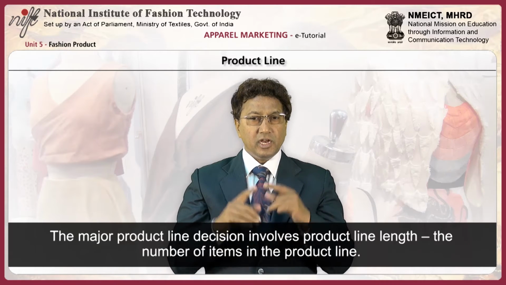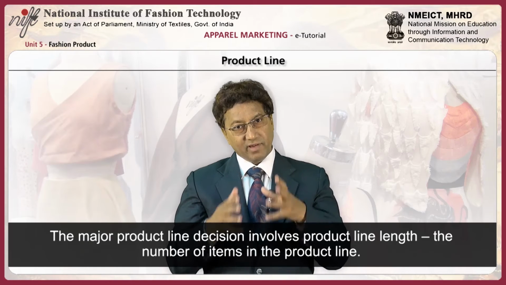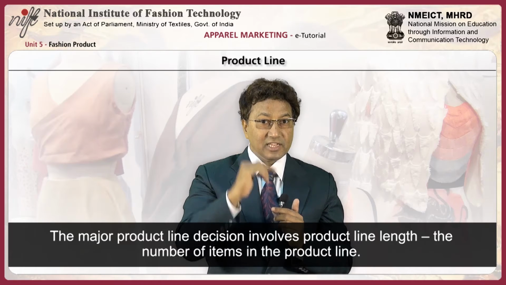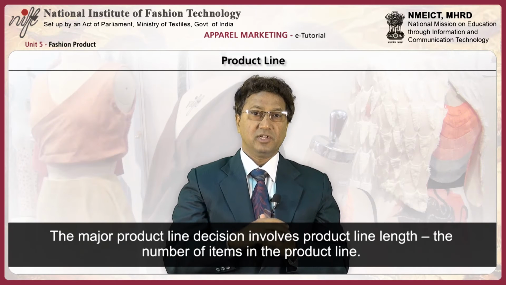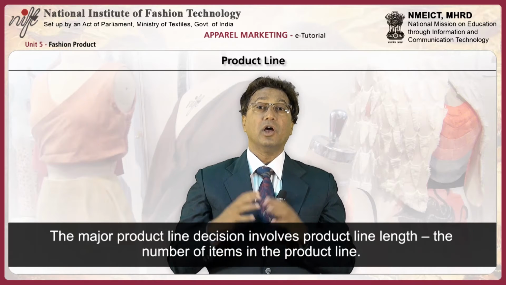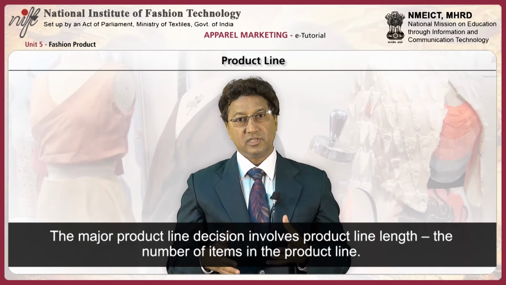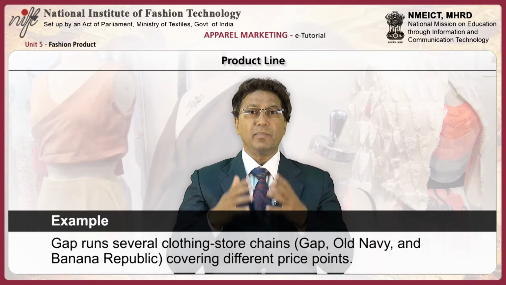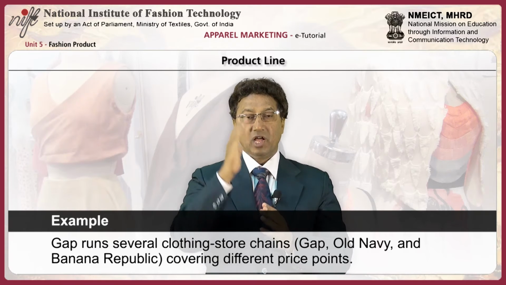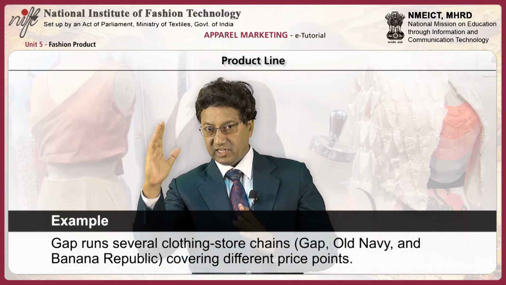Managers need to consistently review the performance of their product line to evaluate the contribution of each product item to the line's overall performance. The product line length is influenced by companies' goals, expansion plans and resources. For example, Gap runs several clothing store chains, Gap, Old Navy and Banana Republic, covering different price points.